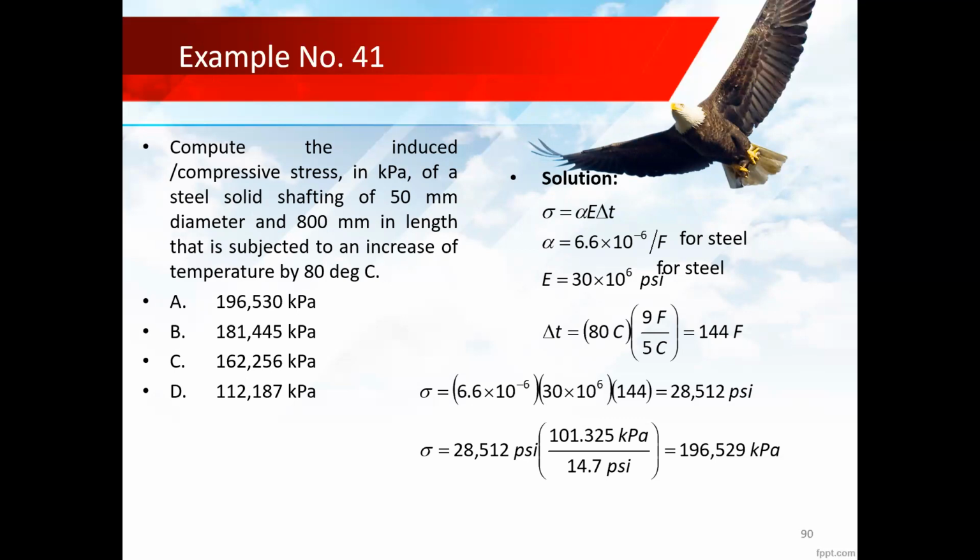Wag mo nang dagdagan ng 32 kasi nga increase in temperature yan. So sigma is equal to 6.6 times 10 exponent -6 times 30 times 10 exponent 6 times 144 is 28,512 PSI. Therefore, convert mo, magiging 196,529 kilopascal. Kita nyo naman yung 101.35 over 14.7.